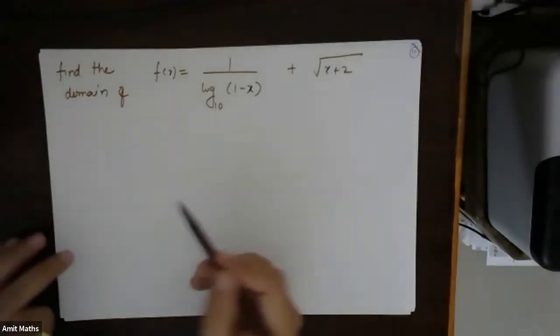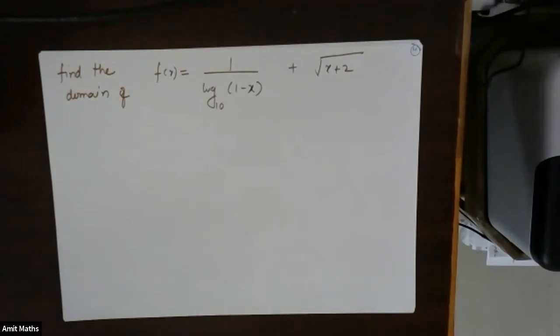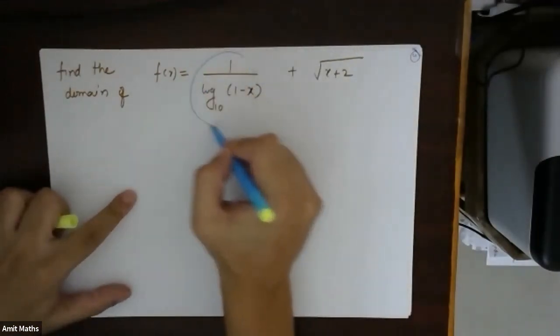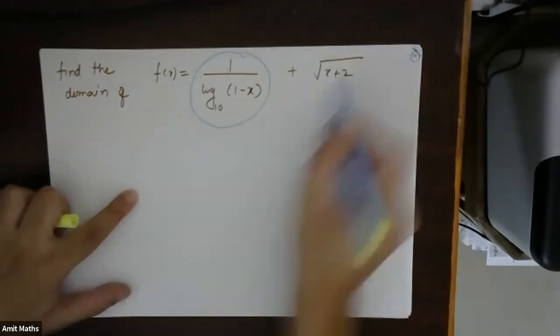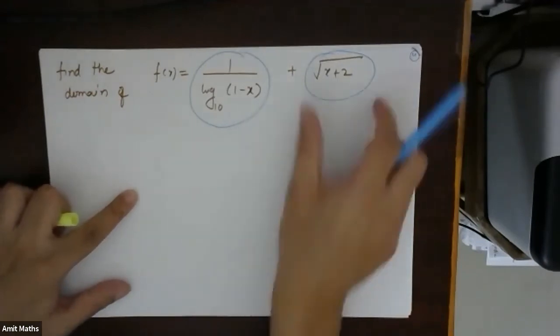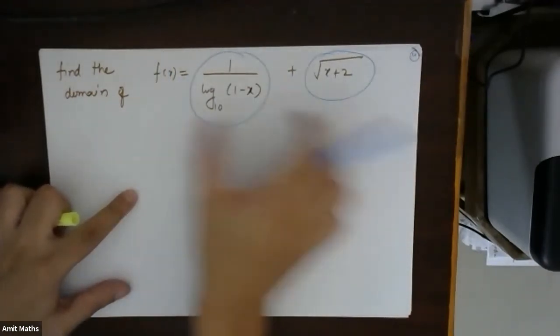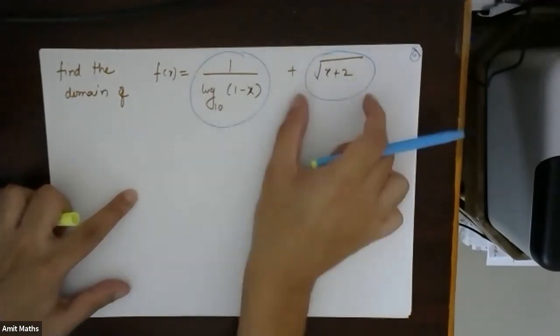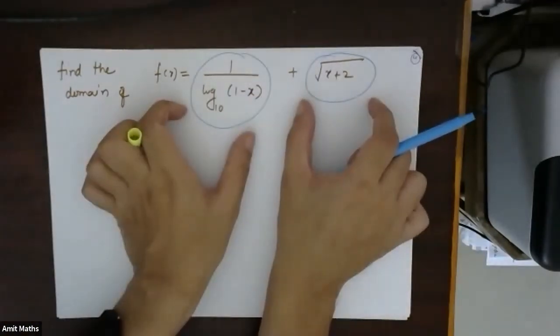So in this question also, we have this function divided into two parts. One is this and the other one is this. These are the two different components of this function. These two are separately a function in itself, or a mapping in itself, and they are added up.